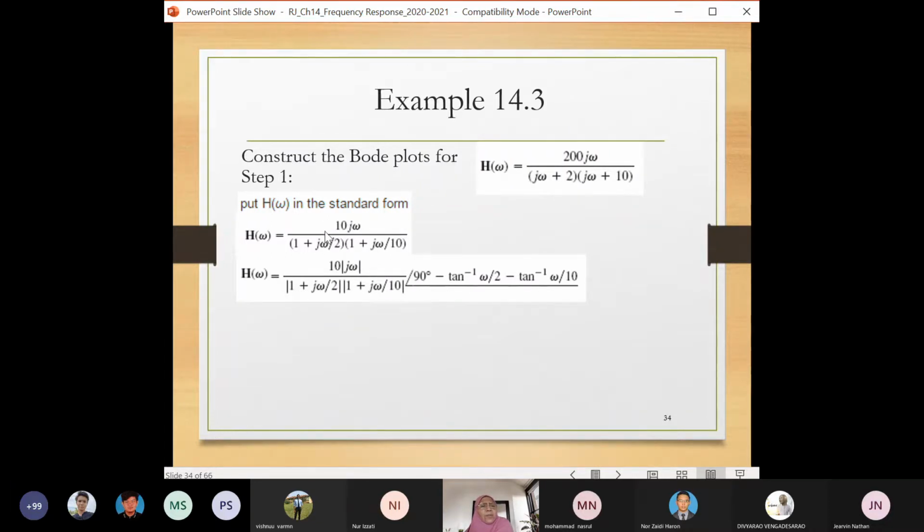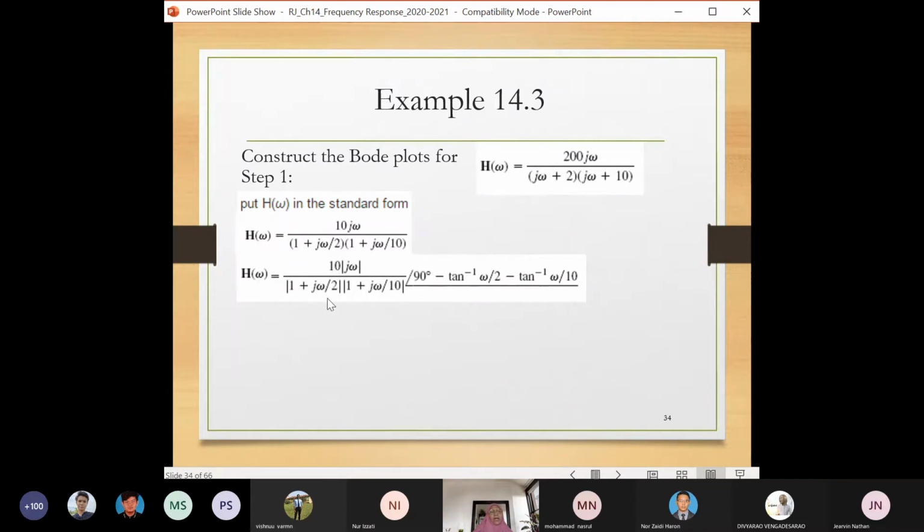After you put it in standard form, you will get 10 j omega (1 + j omega/2) over (1 + j omega/10). It's the same thing, j omega over 2 plus 1 or 1 plus, you put 1 in front, they are the same thing. For the magnitude form, this is just an expression.